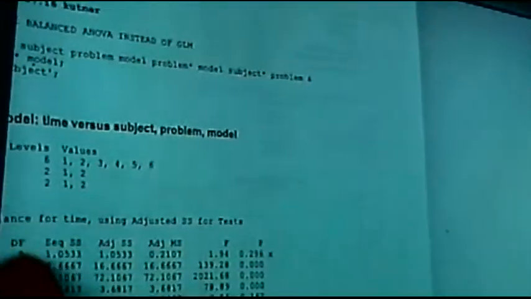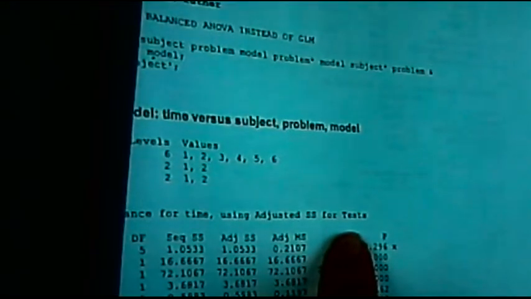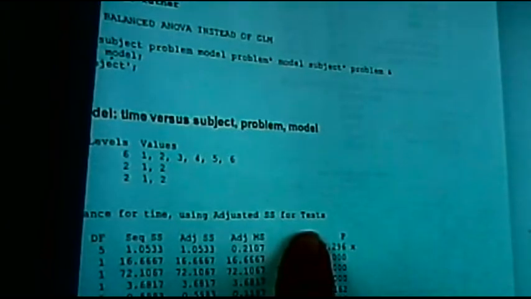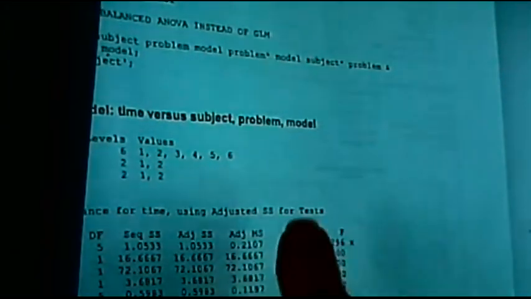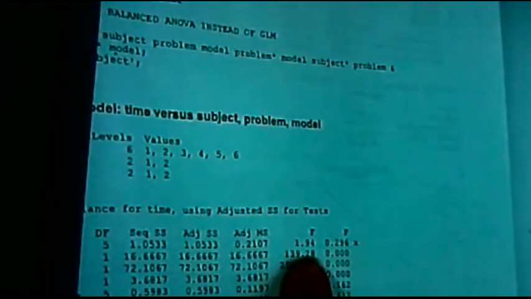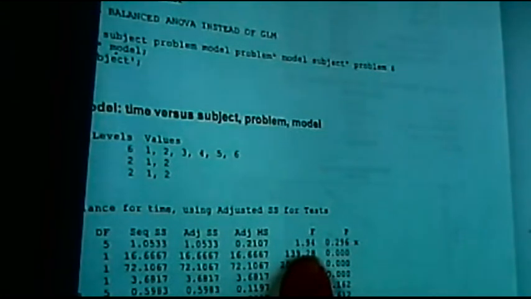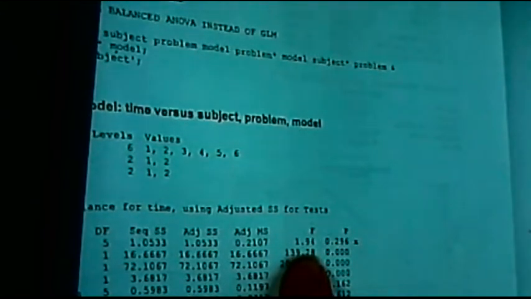But what I'm trying to point out to you is that we had three examples where the subject was nested in one of the factors, and then we had an example and a follow-up example where that wasn't happening. What's going on here? What's the difference? Well, I like the way the textbook talks about this issue. Let me put some of those pages up here in front of your eye.